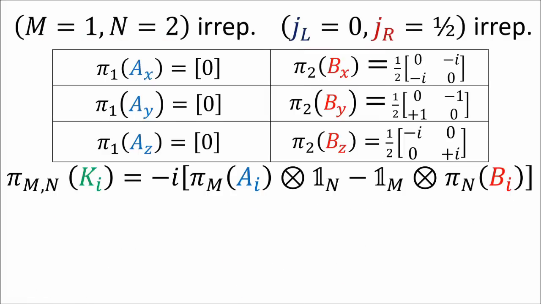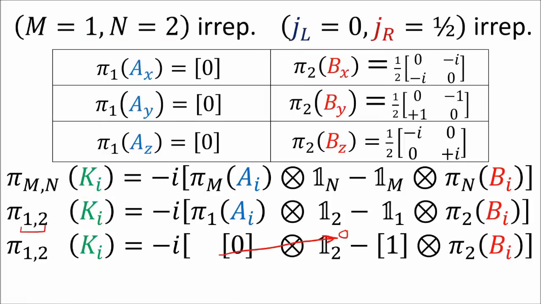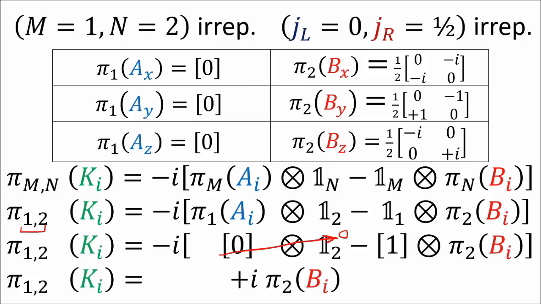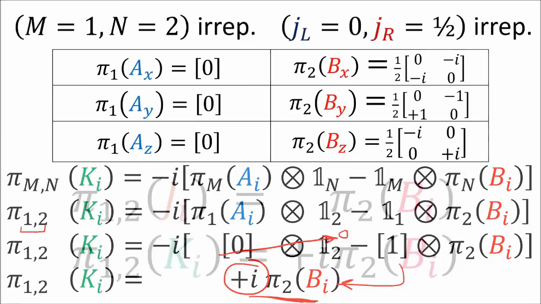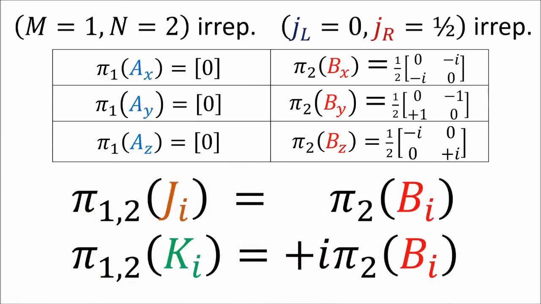However, with the boost formula, the first term goes to 0, and the second term contains a minus sign. This cancels with the minus sign out in front, and we get multiplication by +i. This has the opposite sign compared to what we saw for boosts in the left chiral representation. So in this irrep, rotation generators are given by SU2, and boost generators are given by +i times SU2.